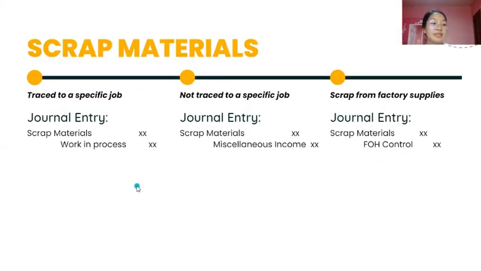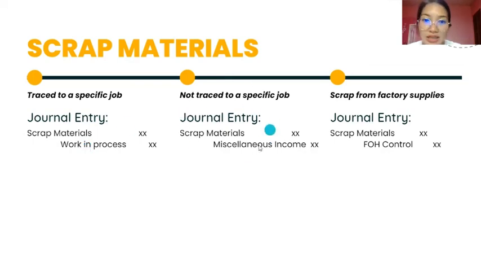So for scrap materials, these are discarded materials but they still have monetary value or can still be recycled. This is the journal entry if it is traced to a specific job, so you credit work in process.